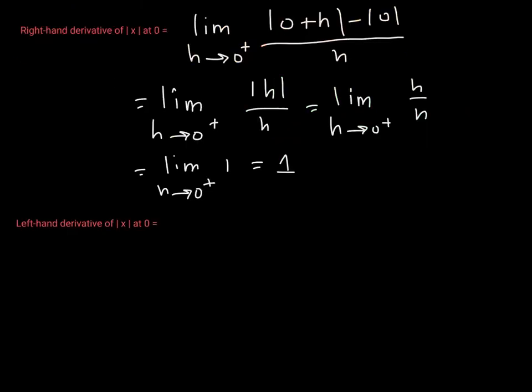Now, the left-hand derivative of the absolute value of x at 0 is, let me just change the color so that we could differentiate what we did earlier from what we're doing now, the limit as h approaches 0 from the left of the absolute value of 0 plus h minus the absolute value of 0 over h.